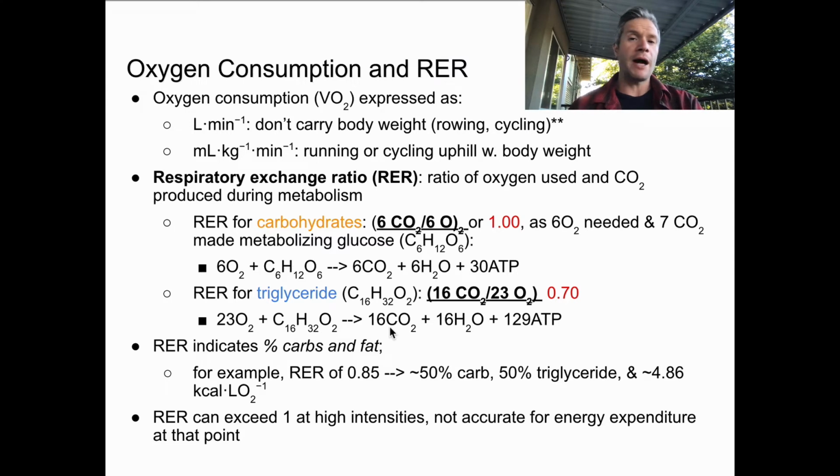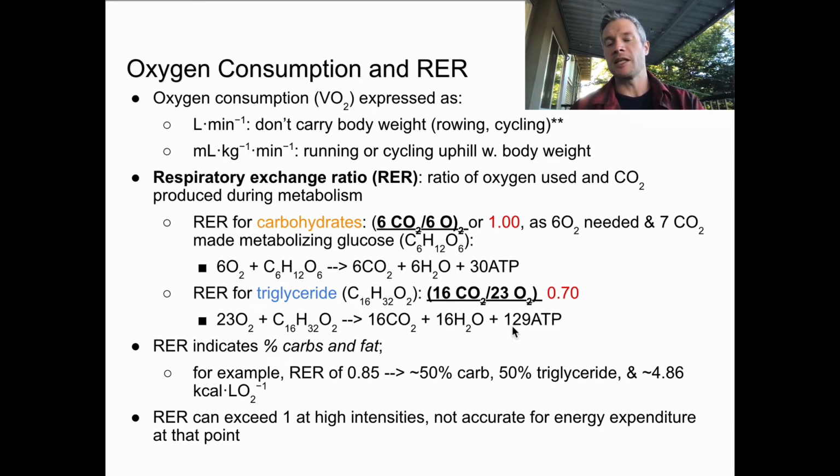So based off the biochemical processes of metabolizing carbohydrates versus triglycerides, we can see that we expel about 70% of the oxygen that we take in as carbon dioxide when we're undergoing aerobic respiration for triglycerides.